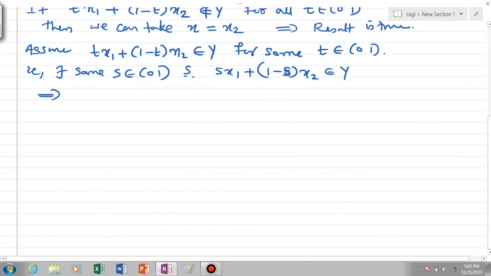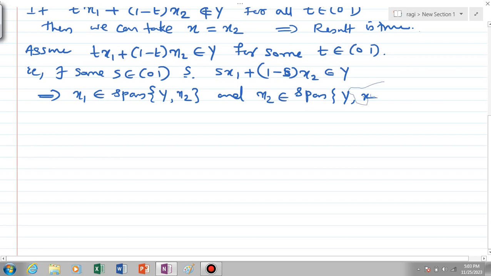This implies the point x1 is an element of span of {Y, x2} and x2 is an element of span of {Y, x1}. This means that span of {Y, x1} is equal to span of {Y, x2}.